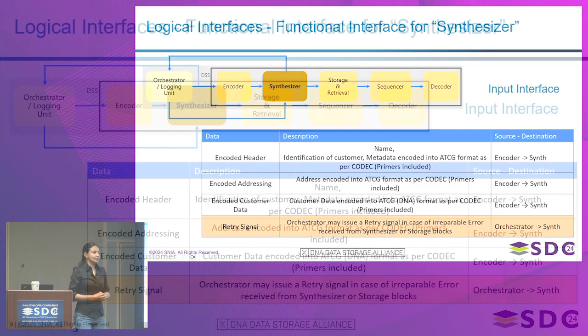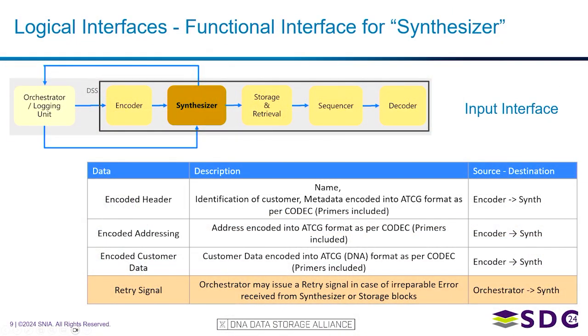The next thing that the specification talks about after the phases of operation are the logical interfaces between sub-blocks. Here, as an example, we'll only talk about the logical interfaces for the synthesizer, but essentially the spec talks about these interfaces for each of the sub-blocks. The synthesizer, which is the writer, is basically getting the entire transaction, which might include some metadata addressing the actual user's data that has to be stored.